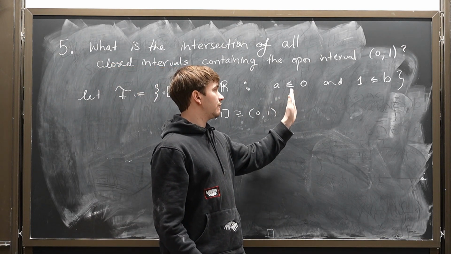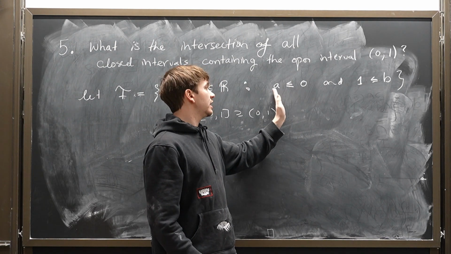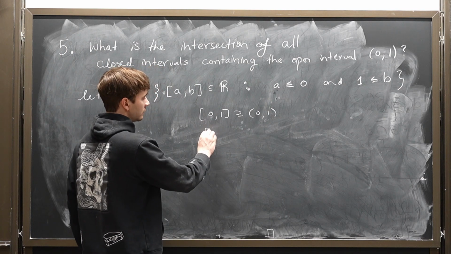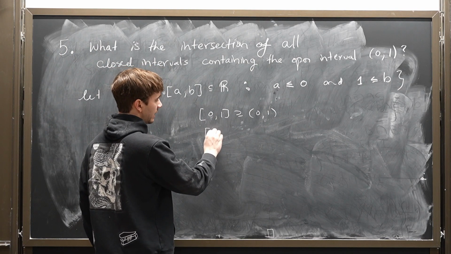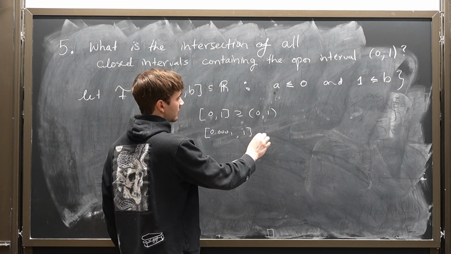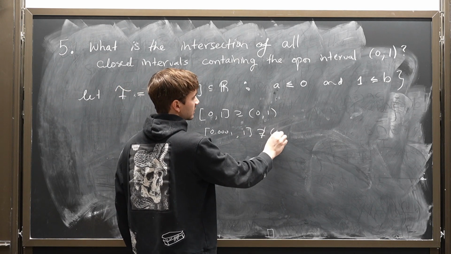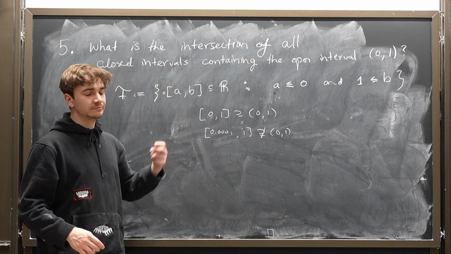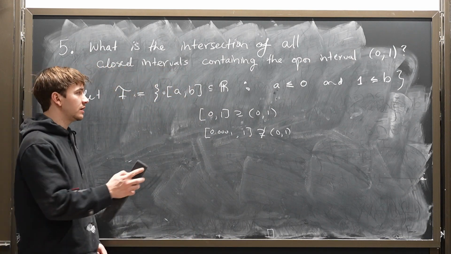And then if I try to go further, if I make A bigger than 0, for example, if I make A 0.001, then all of a sudden I will fail to contain the open interval (0, 1). Okay? So this is the correct definition for my family.